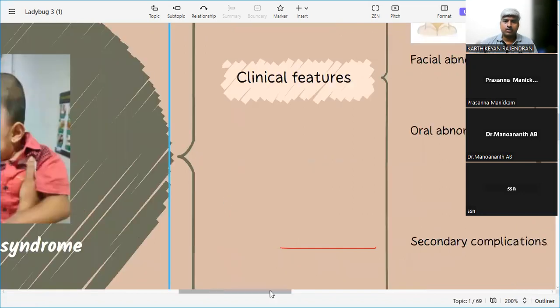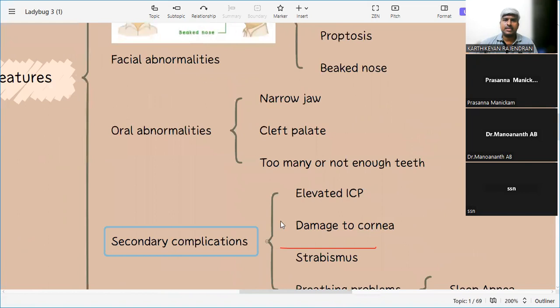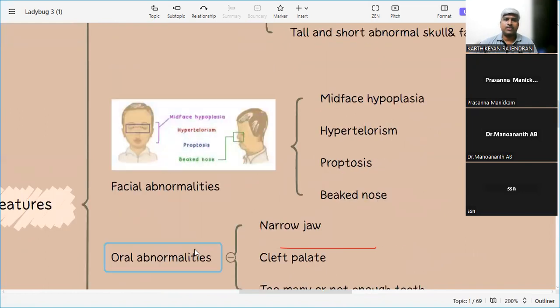Now, you clearly see in the picture the mid-face hypoplasia and hypertelorism, where the interpupillary distance is more. Proptosis is due to the small skull, with the eyeball protruding out, and the nose is peaked because of the mid-face retrusion. So these are all the abnormalities we know in the face.